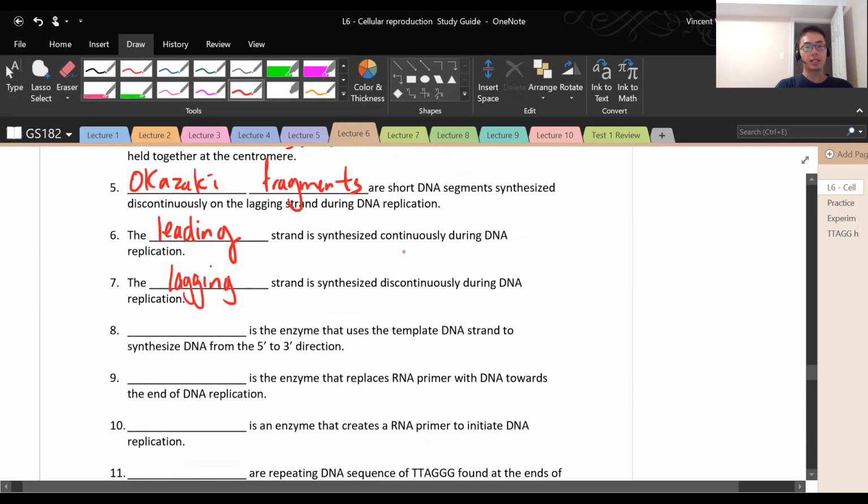Something is the enzyme that uses the template DNA strand to synthesize DNA from 5' to 3'. That would be the DNA polymerase 3.